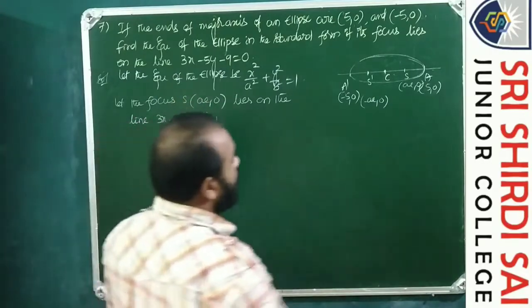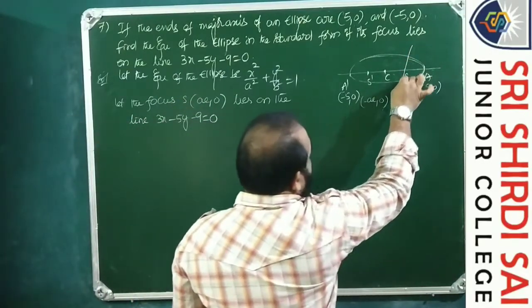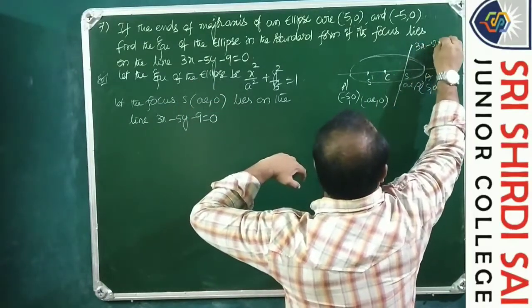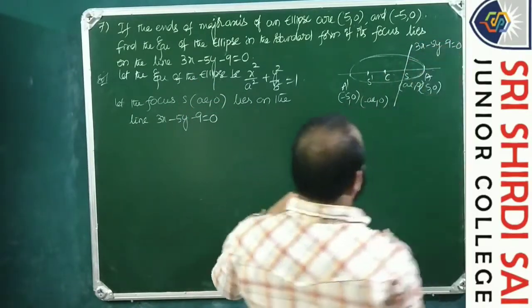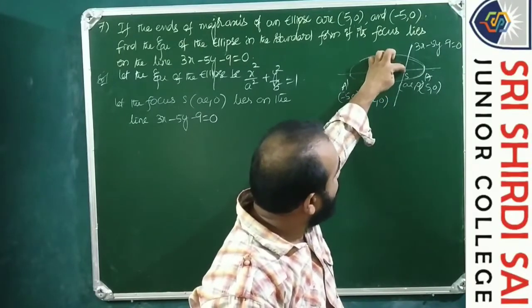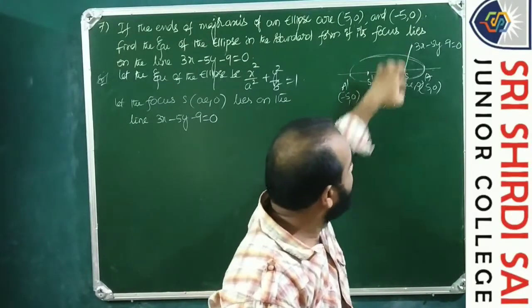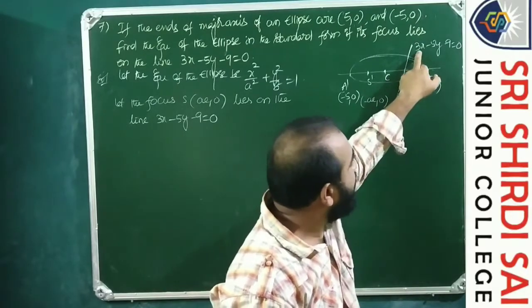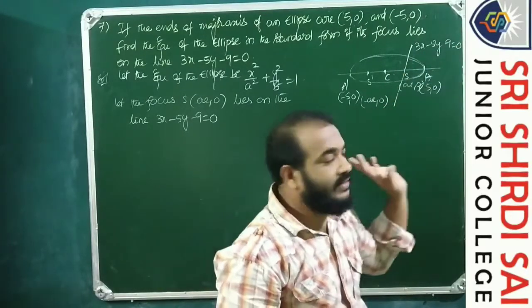That means this is the line which is 3x minus 5y minus 9 equals 0. Since the focus S lies on this line, this (ae, 0) must satisfy the equation of this line.